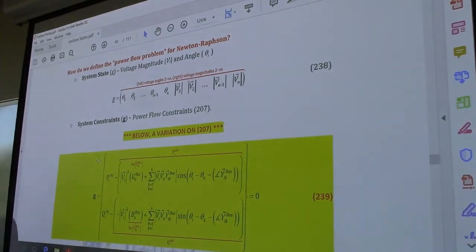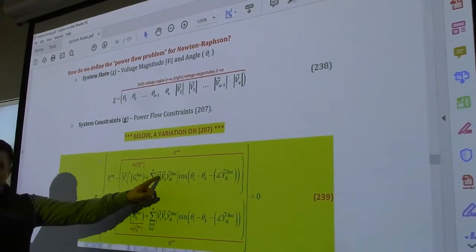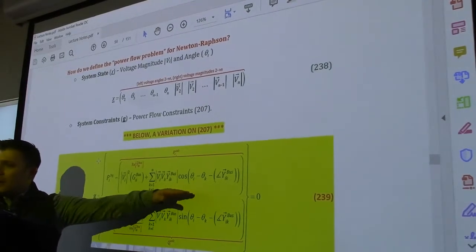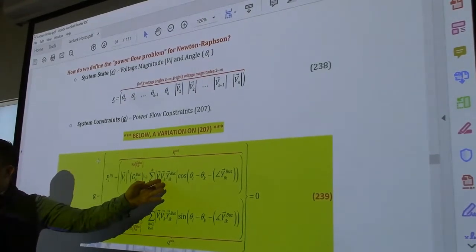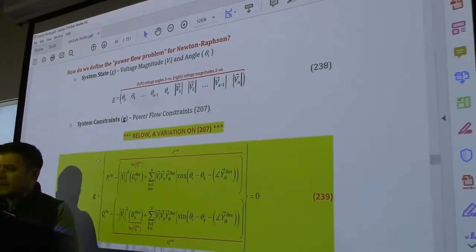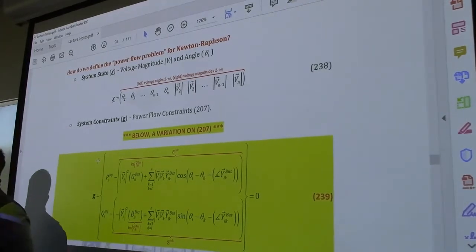That's just because the variables are stated a little bit differently, but it's still just the sum of V_I minus V_K over Z_IK times V_I. So it's just the calculation of the power flowing along all the different lines to the other buses.